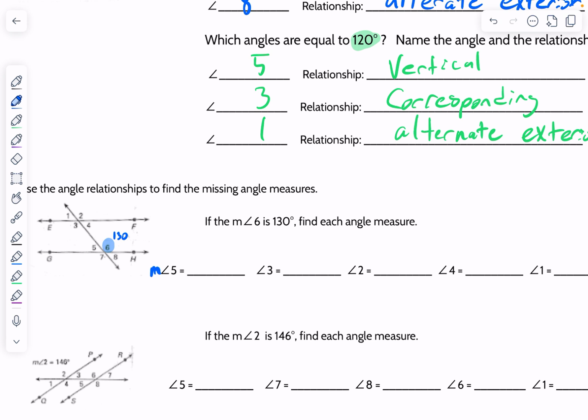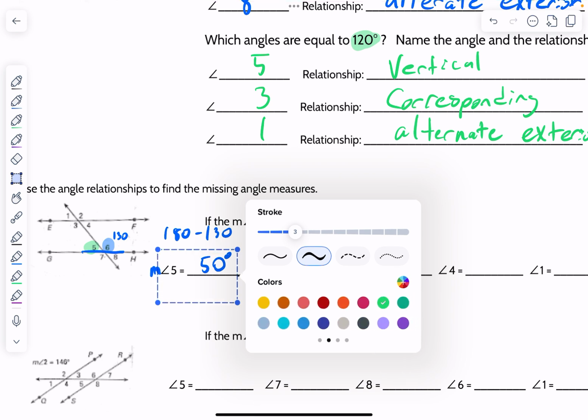When you have a straight line that the angles share, it equals 180 degrees. So 180 minus 130 leaves us with 50 degrees for angle 5. I'll change the color here for you. That'll be 50 degrees. That is a different angle.